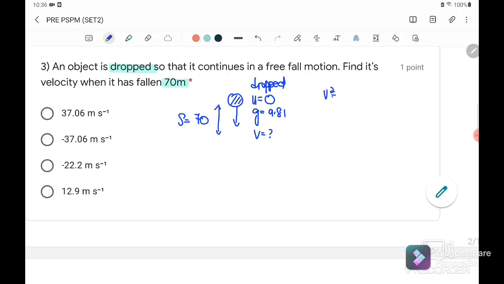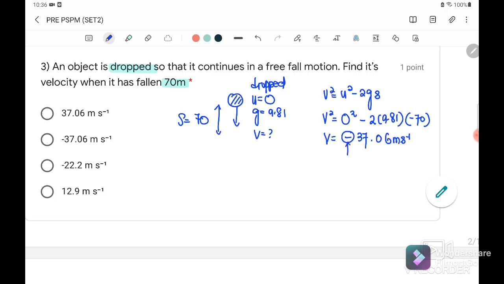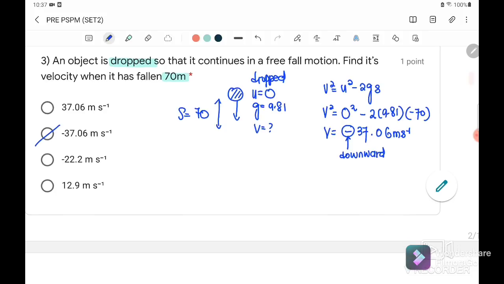We can use v squared equals u squared minus 2gs, where u is 0, and s is negative 70 meters because it is moving downward. The final velocity is negative 37.06 meters per second. Negative shows that the motion is downward. So the answer is B.